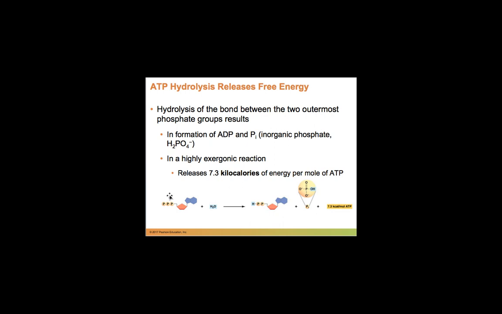Hydrolysis between the last 2, right? Cleave off that last phosphate. We got rid of that phosphate here. When we cleave off that 3rd phosphate group, we're going to form adenosine diphosphate, ADP, and release an inorganic phosphate. This is a highly exergonic reaction. Exergonic meaning we're releasing energy.